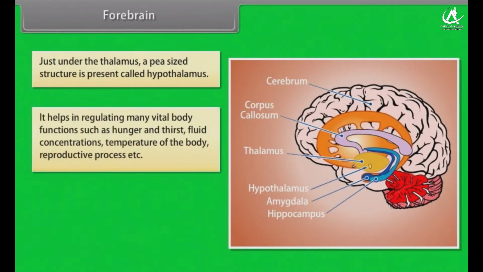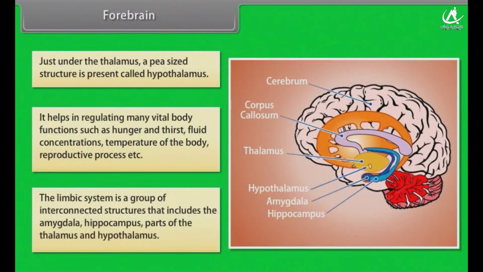It helps in regulating many vital body functions such as hunger and thirst, fluid concentrations, temperature of the body, reproductive process, etc. The limbic system is a group of interconnected structures that includes the amygdala, hippocampus, parts of the thalamus and hypothalamus.